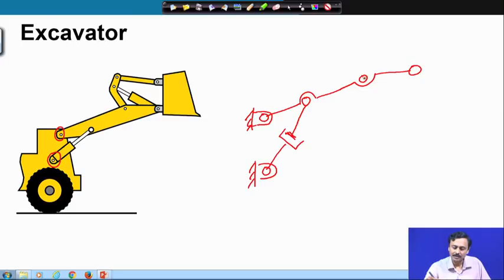On this there is a ternary link. This has a binary link which is connected to the bin. So, this is a bin, and here we have another actuator which is again a powered p pair which connects to the bin point. Now, once again let us start counting.